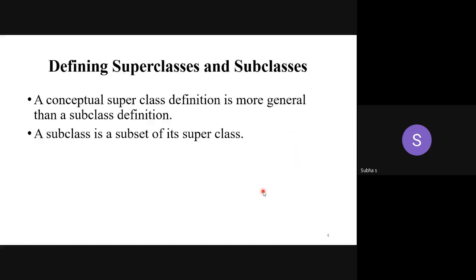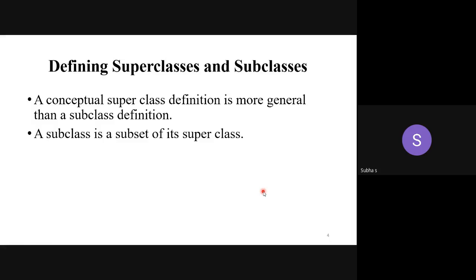So next, how to define the superclass and subclass? Because the same concepts which we have studied in object-oriented programming. How can we relate the superclass and subclass? Through inheritance. What is the advantage of inheritance? Reusability.